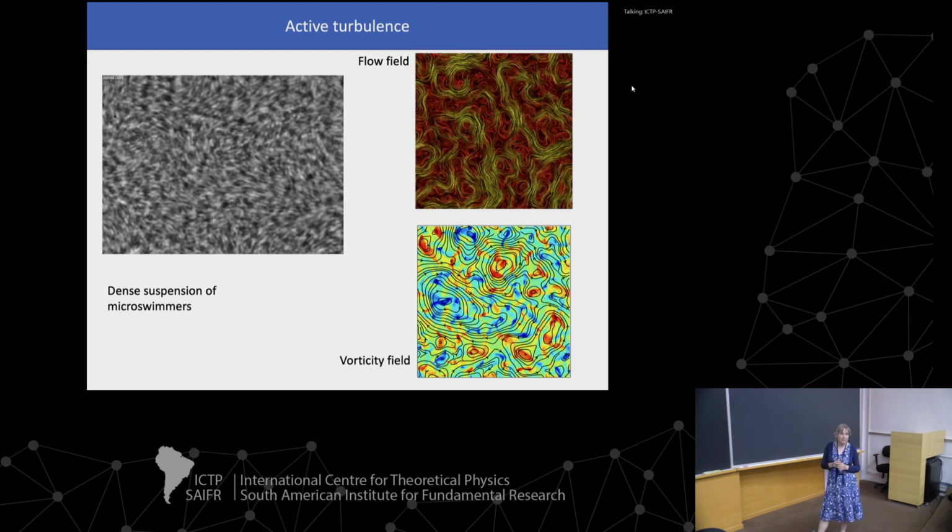If you plot the vorticity, so that's how much the velocity is swirling around, you tend to get these regions of high negative vorticity, which are in red, and ones which are high positive vorticity, which are in blue. And this sort of length scale is maybe about 10 swimmers across. So you get these sort of large-scale vortices formed, and that's very characteristic of the flow fields in active turbulence.